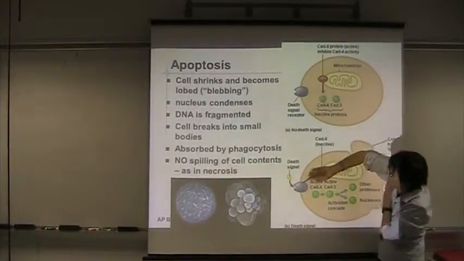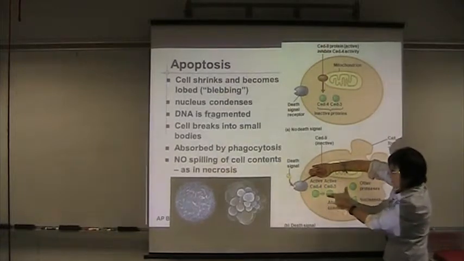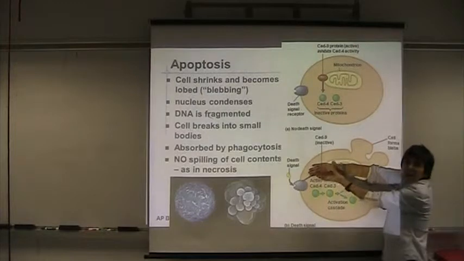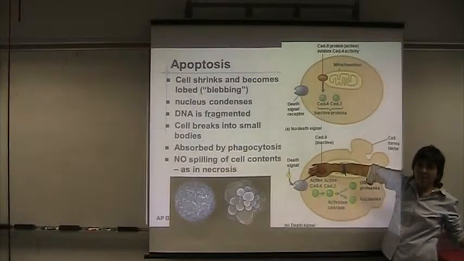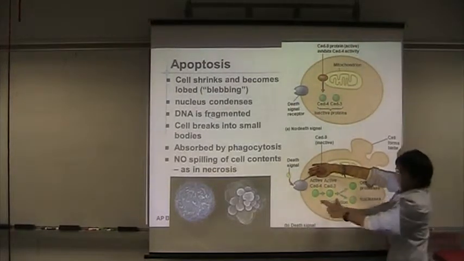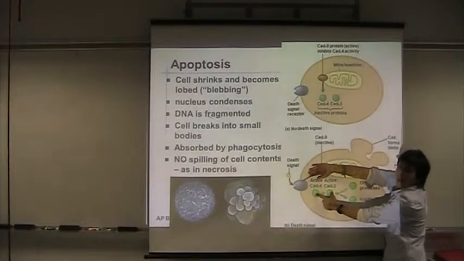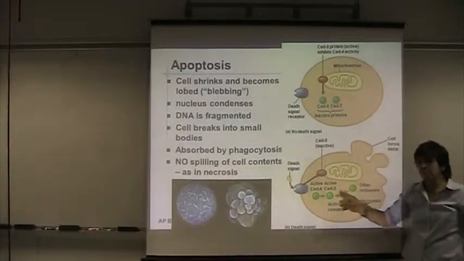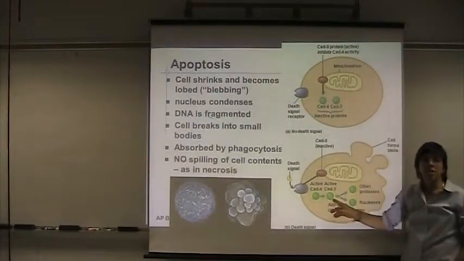But now, we had made this inactive, so what happens? Now these proteins here become active because they have nothing inhibiting them. The inhibitor is gone, so they become active. And guess what these proteins are really? These proteins are proteases and nucleases.